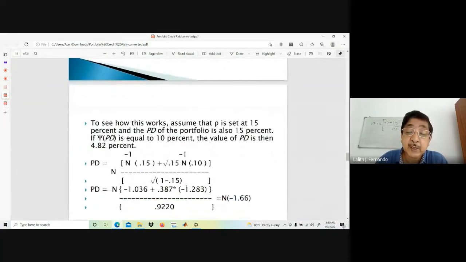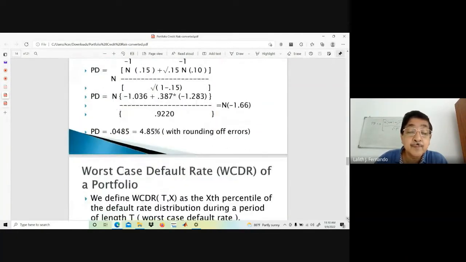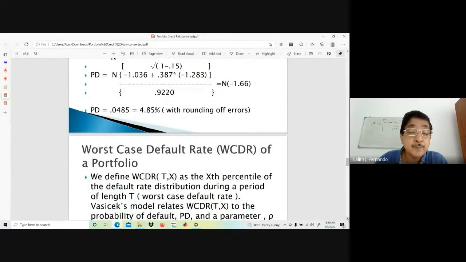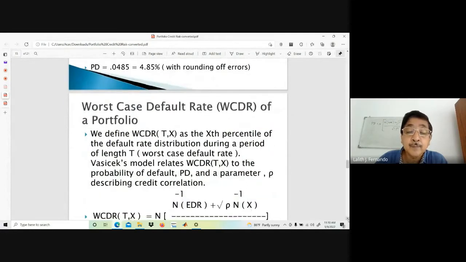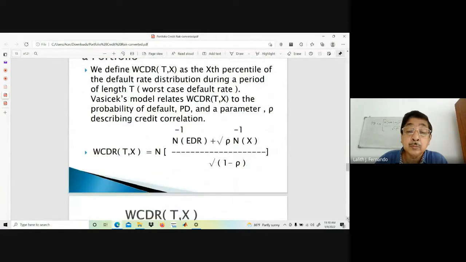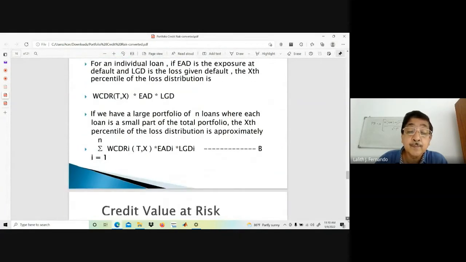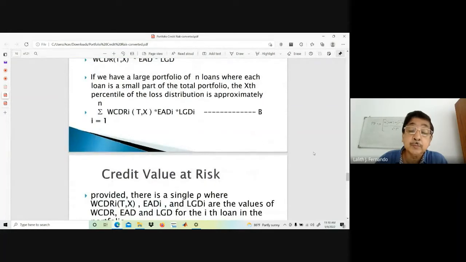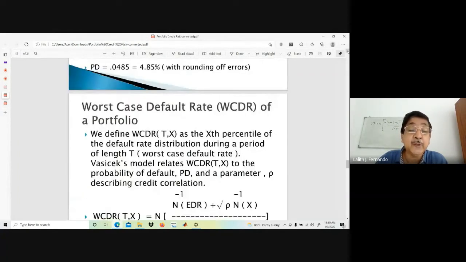Now, this is the example for that, what we have done. Anyway, we will have a small example for this again.